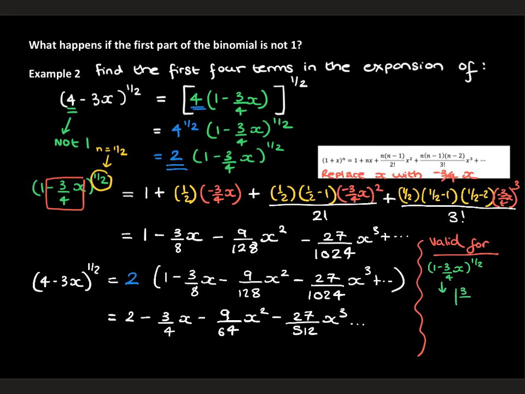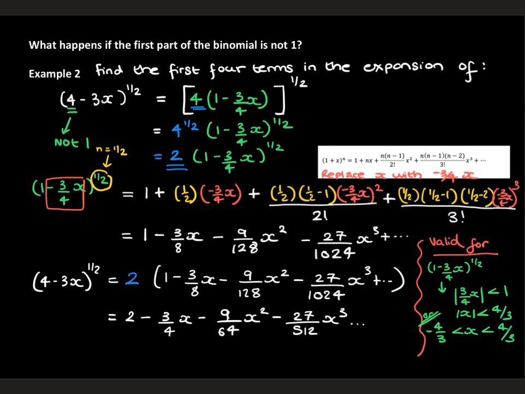We can say that the modulus of 3/4 of x must be less than 1, so we can multiply by 4 and divide by 3 to give us the modulus of x is less than 4/3, or written in this format here, x is between negative 4/3 and 4/3.